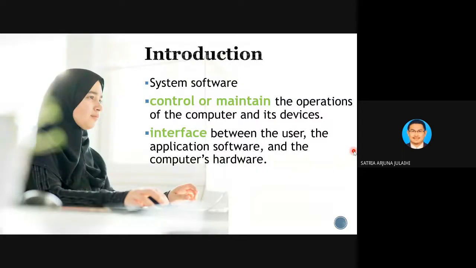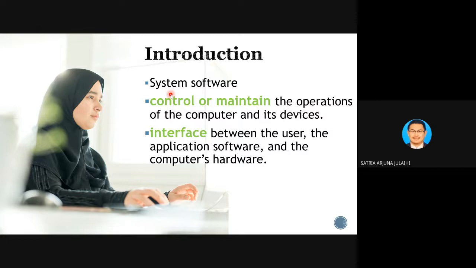So now we are talking about system software. What is system software? Look at the word system. Who uses system software? The computer system uses the system software. So remember system software, computer system.